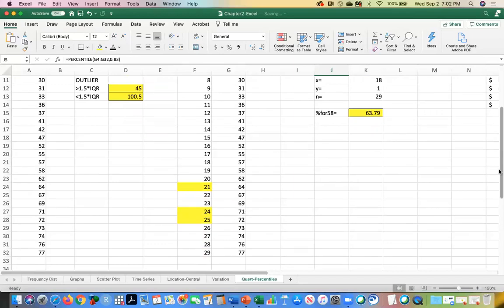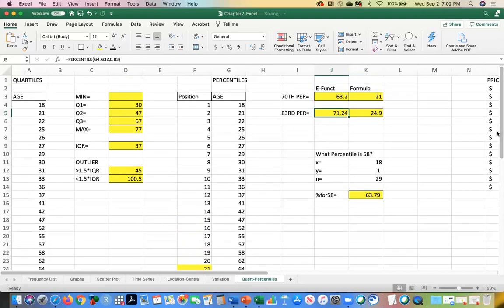So in this case, the rule says if you have an integer, you use the integer. If you have a number that has a decimal, you do the 24 rounded down and then rounded up, and then take the average.